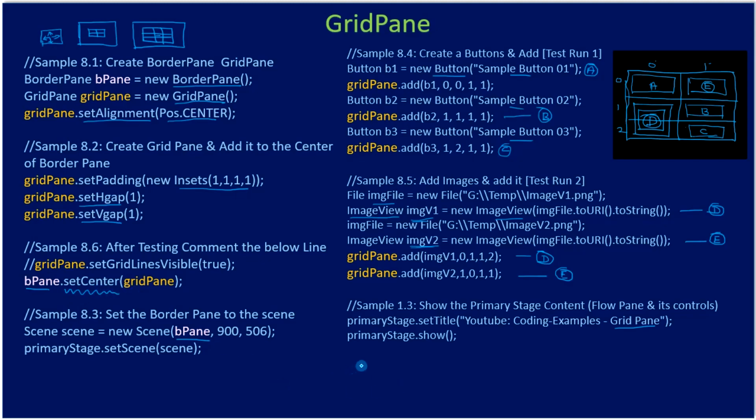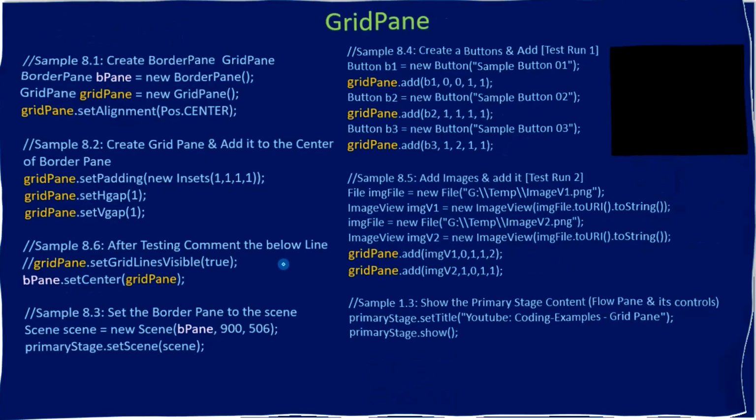That means when we create the stage, the stage contains the border pane, so top, left, right, bottom, and this one will be the center. Inside the center we will take our grid pane GP and add it to the center part of our border pane, and this is the grid pane with all the controls packed.